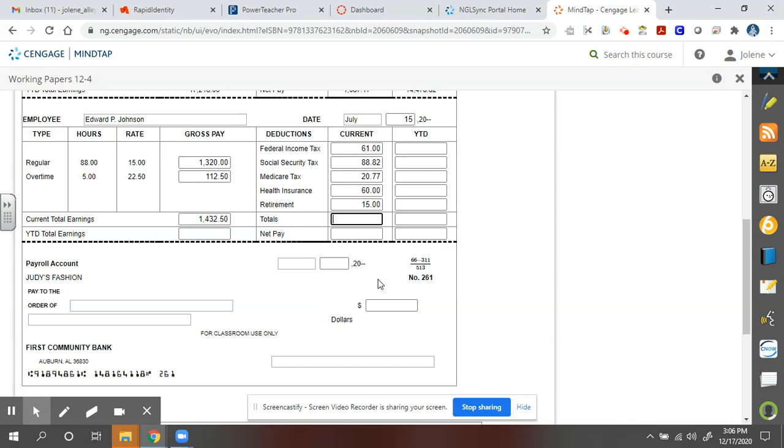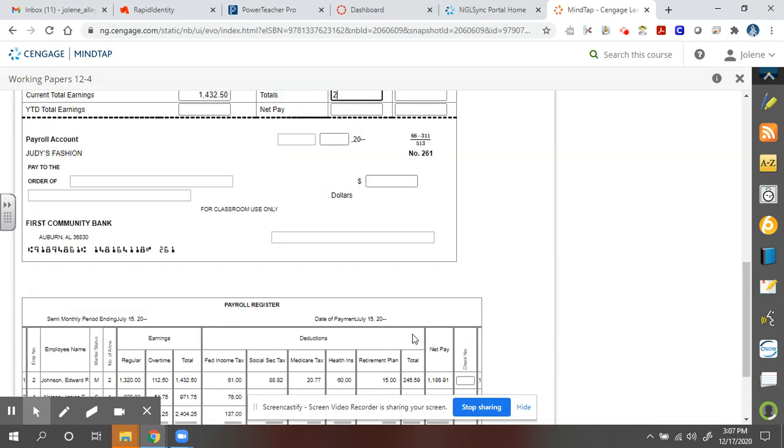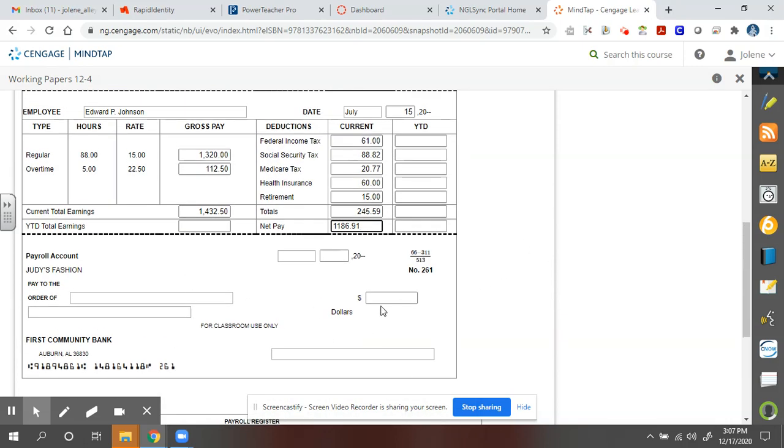His total deductions for this pay period is right here, $245.59. His net pay, it already tells us right here, $1,186.91. That's what this check is going to be.